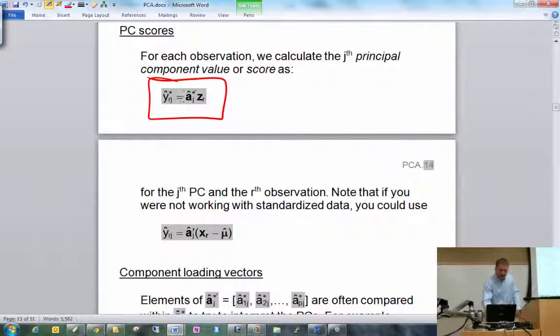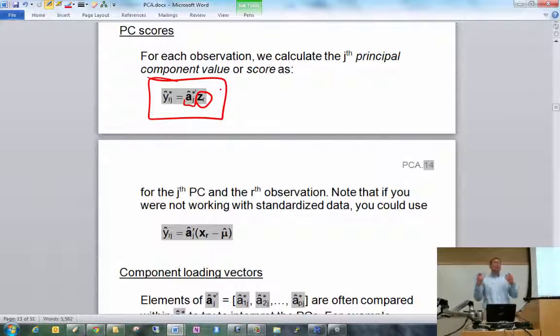And simply, you take that estimated eigenvector from the estimated correlation matrix and multiply it by the standardized values for the rth observation. That's a PC score.